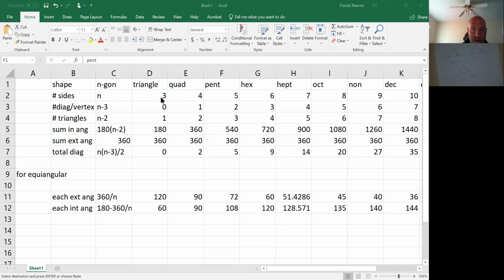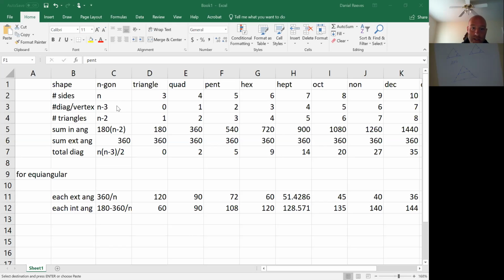Of course, triangle, like triceratops, triathlon, trihawk, any number of different things, has 3. And you can probably think of examples of all of them down the line. By the way, heptagon, also acceptable is septagon for 7 sides. And from there, if you know these formulas, the rest of it you don't have to memorize.